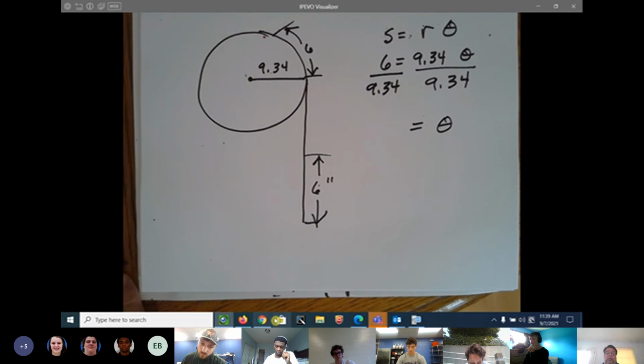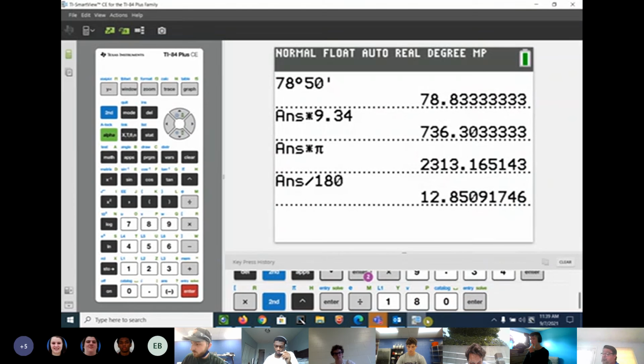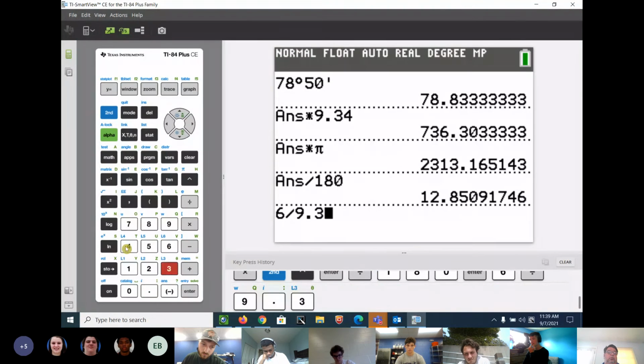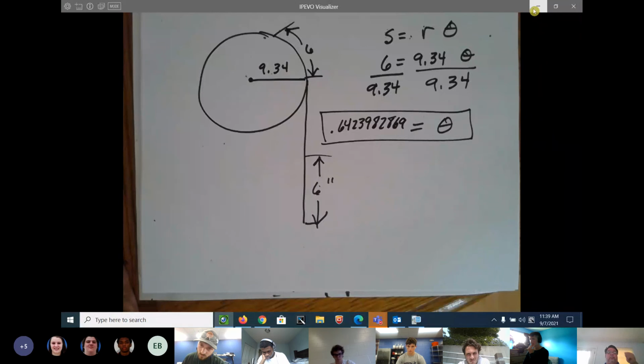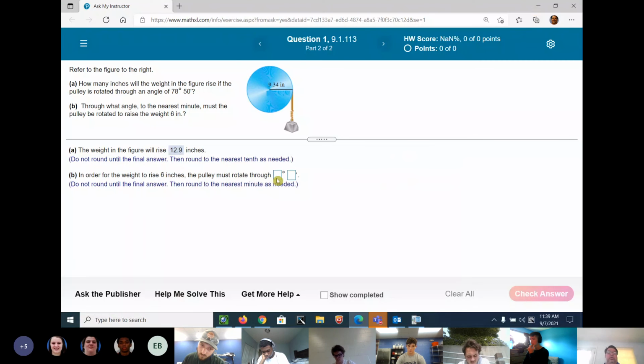That's going to be 6 divided by 9.34, 0.64 blah, blah, blah, 0.6423982869. That would be radians. I don't know if they want it in degrees or not. Let's see what they want. They want degrees, minutes, and seconds. So this is radians.